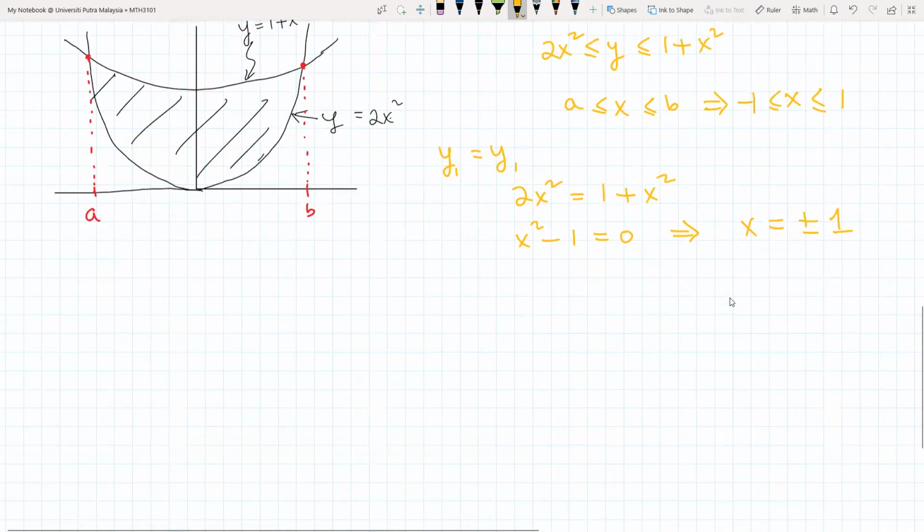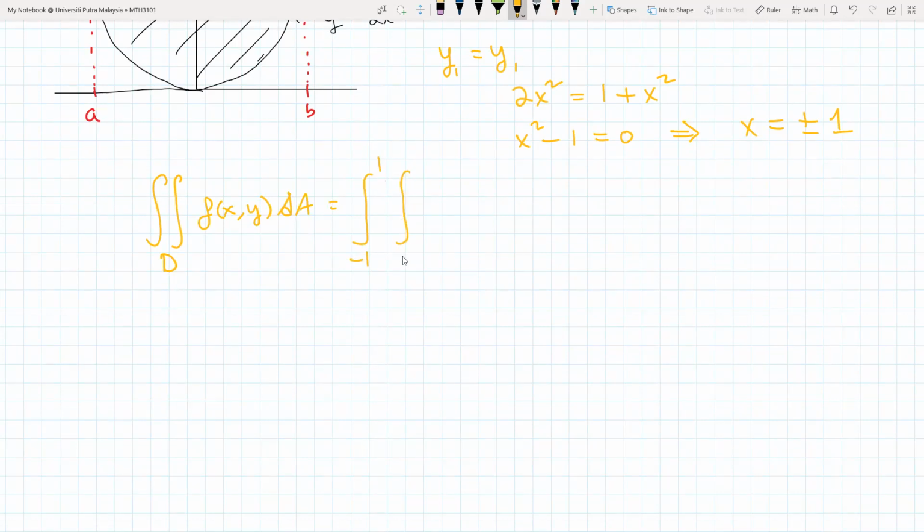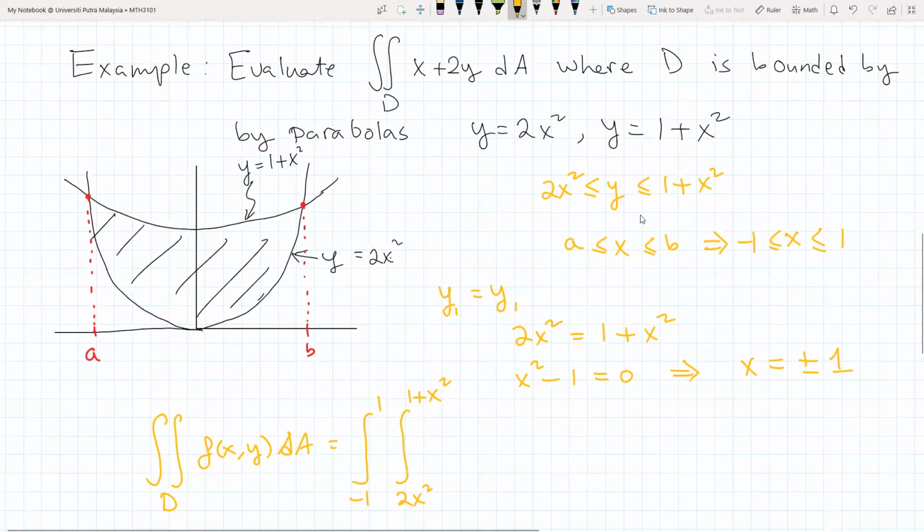So the last thing that we need to do is do the calculation in between, double integral of f(x,y) dA, with boundaries in X from 0 to 1, bounded by line Y equals to 2X squared and then 1 plus X squared. Dia punya graph tu apa dia?